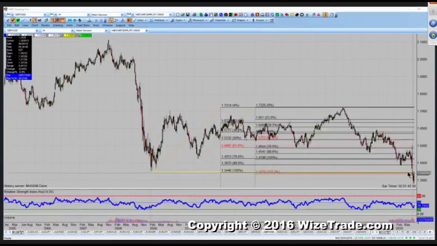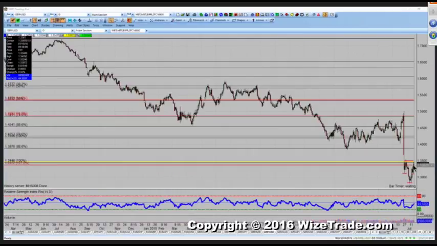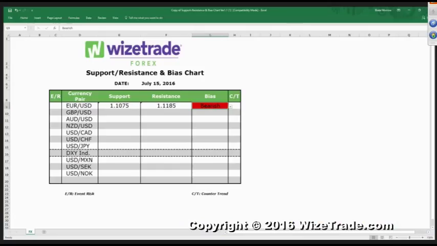That is the resistance. The low there was 135.02. The high yesterday was 134.80, 134.79. So while we are below 135, it is still bearish.